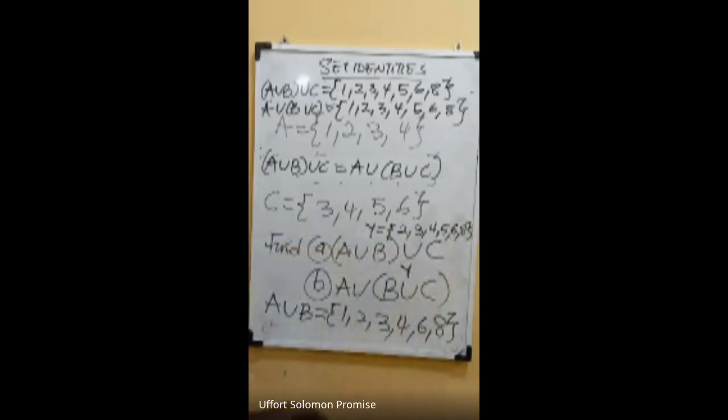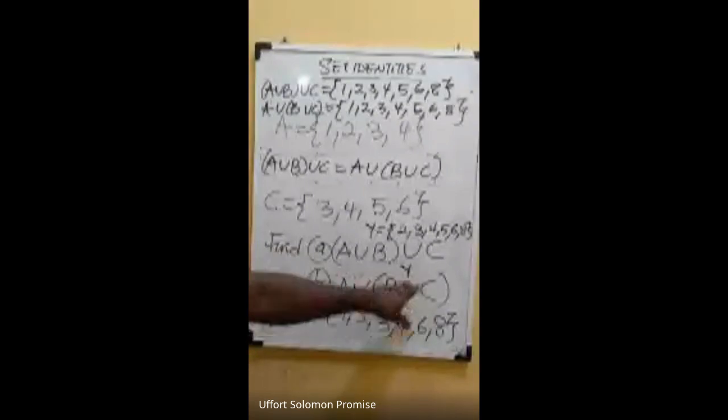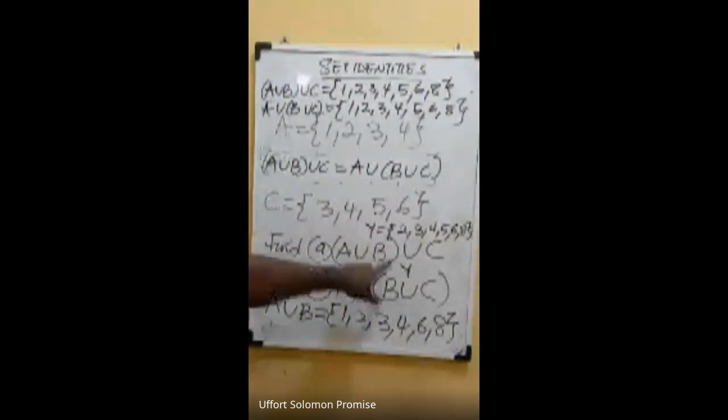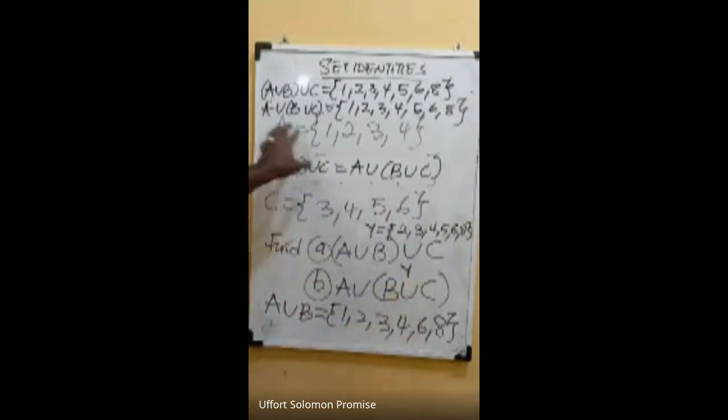So now the question is, what is A union B union C? We called B union C Y, so we are now comparing A with Y. What is A union Y?